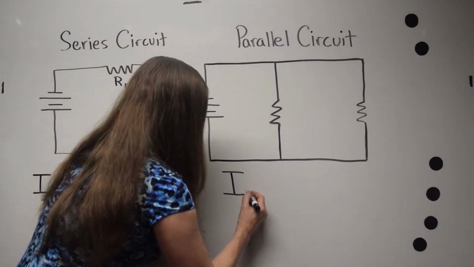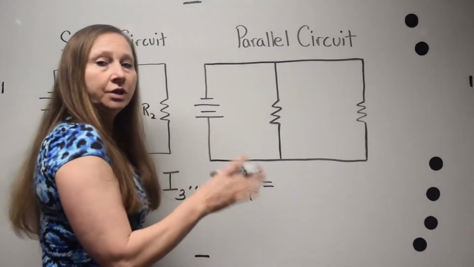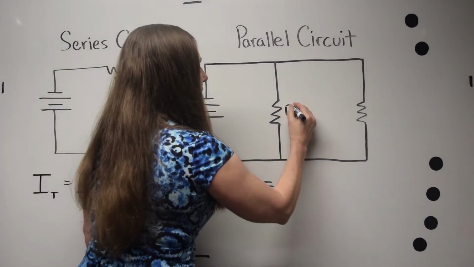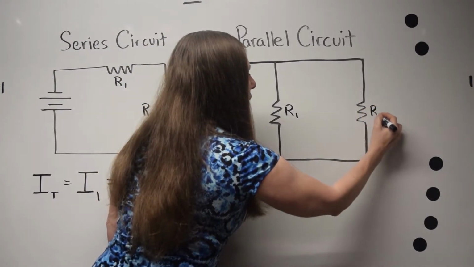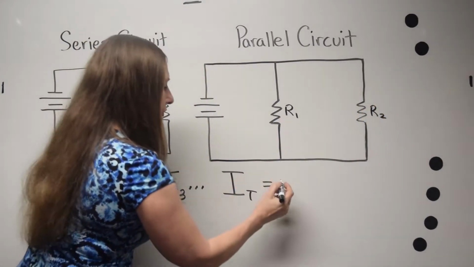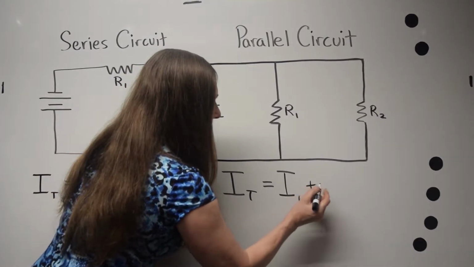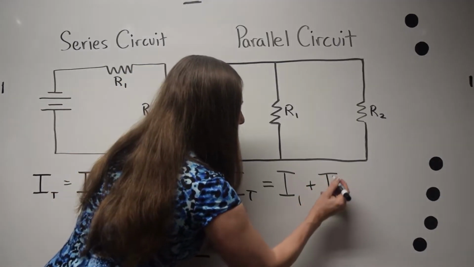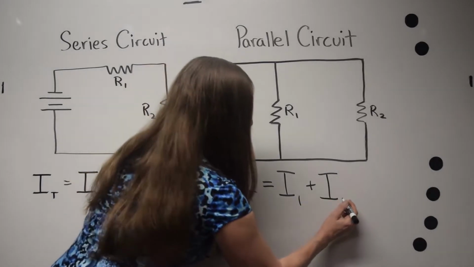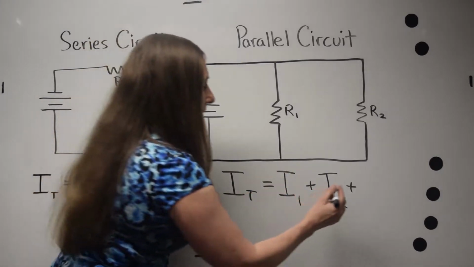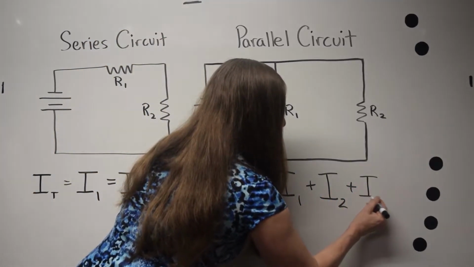Now, for a parallel circuit, the total current, remember that the currents are not all the same. The total current is going to be equal to the sum of all the other currents in the circuit. So if this is R1 and this is R2, the current through the first resistor would be I1, and you would add to that the current for each other resistor in the circuit: I1, I2, and if there is an I3, an I4, an I5, they would be over here.